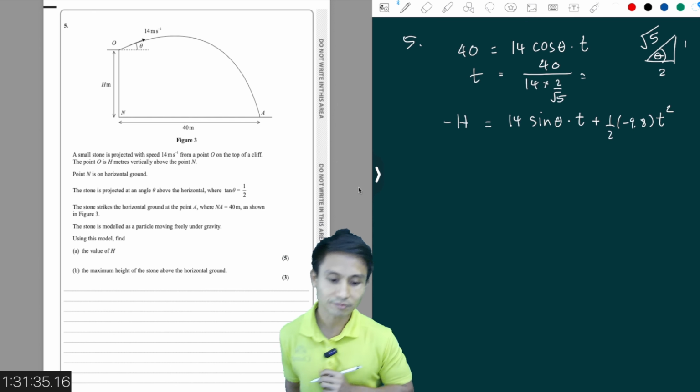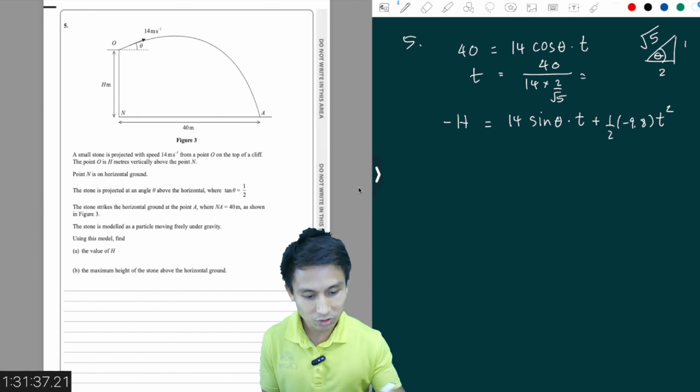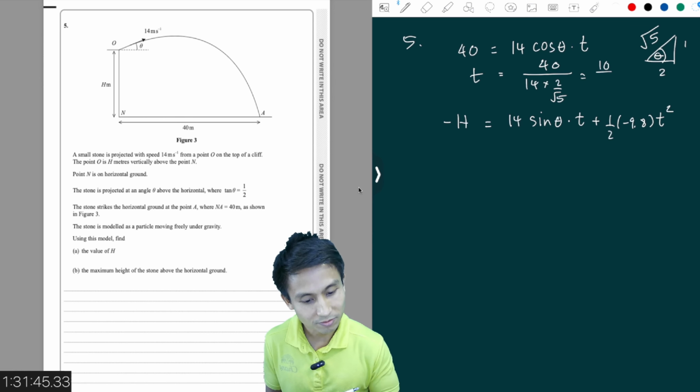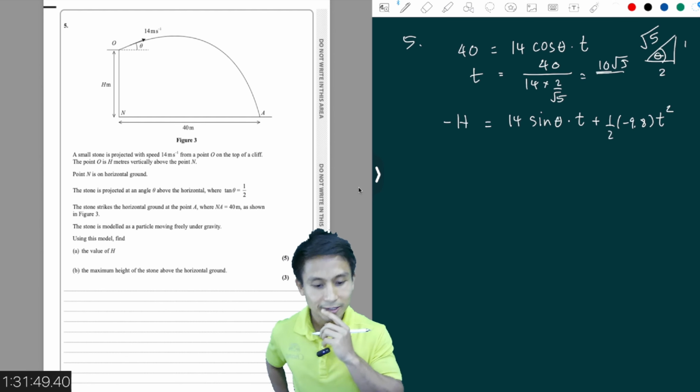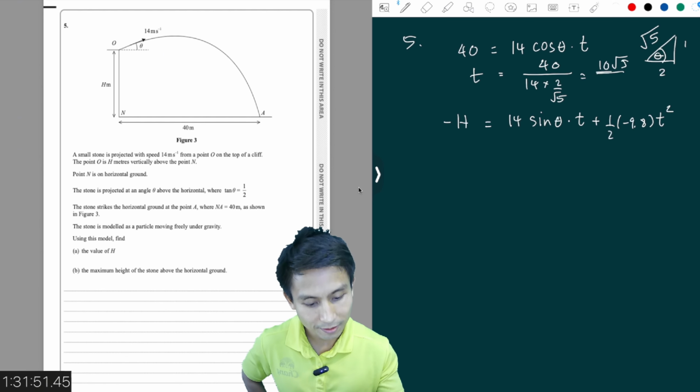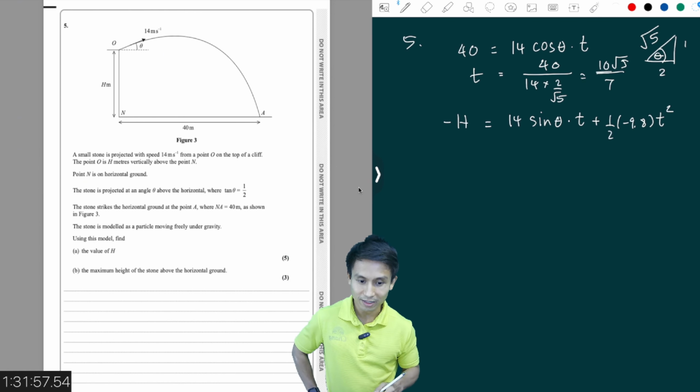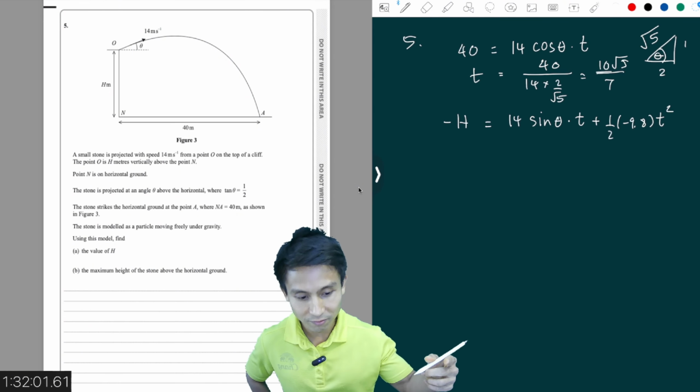I'm just going to simplify here. So it's 40 over 28. Cancelling by 4 is 10 over 7. Then root 5 will go up there, so T is 10 root 5 over 7.